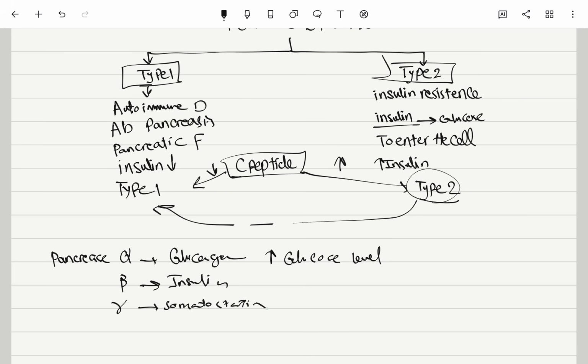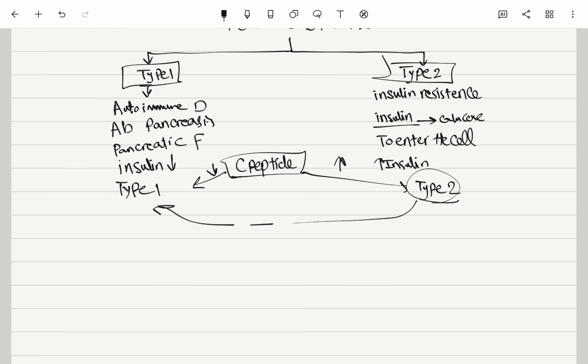Somatostatin inhibits both insulin and glucagon from beta cells and alpha cells. So when there is fibrosis of beta cells, there will be type 1. Or when there is exhaustion of beta cells due to insulin resistance, beta cells will be exhausted due to multiple increased insulin, and it will convert into type 1.